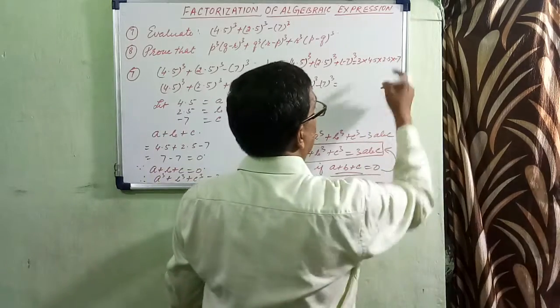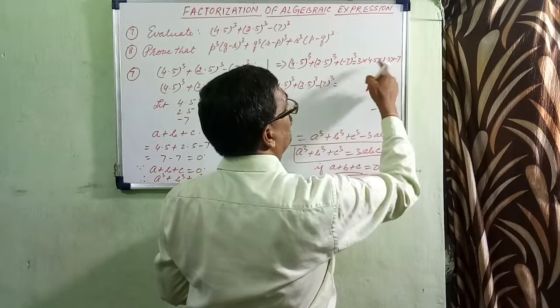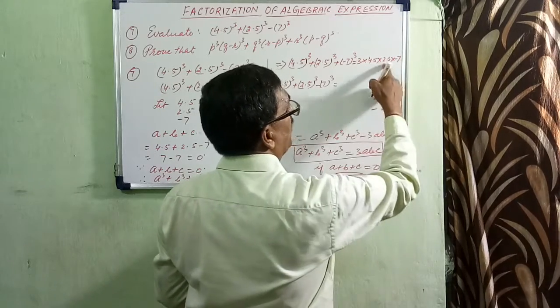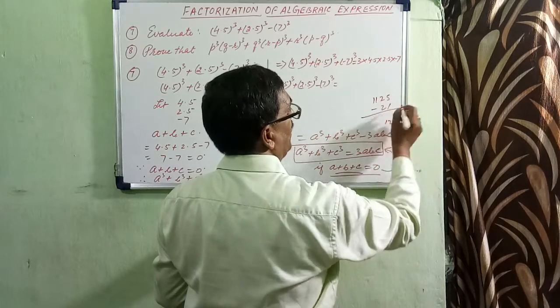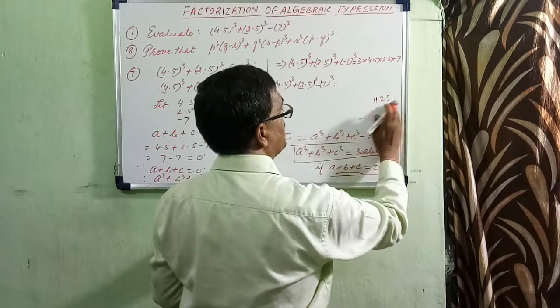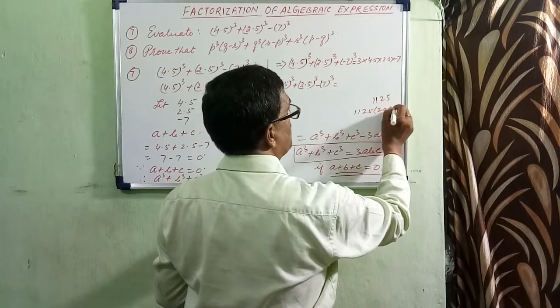So 3 sevens are minus 21, 5 fives are 25, 5 fours are 20, 125, 12 in hand, 25 4s are 112, 112. Multiply this.